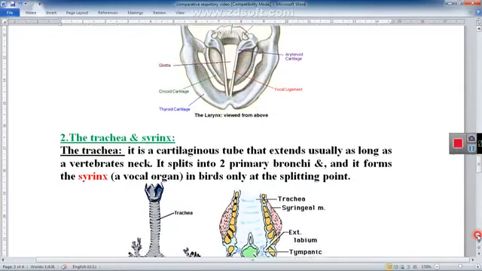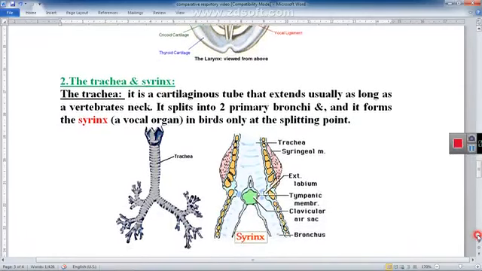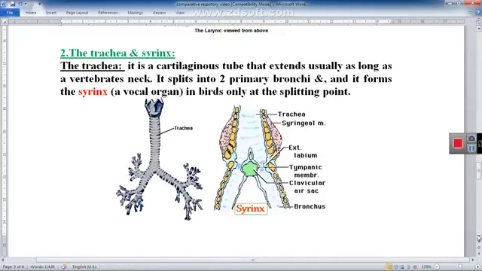The other organs that are related to the lung are the trachea and syrinx. The trachea is a cartilaginous tube that extends below the larynx, and usually its length is as long as the length of the neck in vertebrates. The distal end of the trachea bifurcates into two primary bronchi.